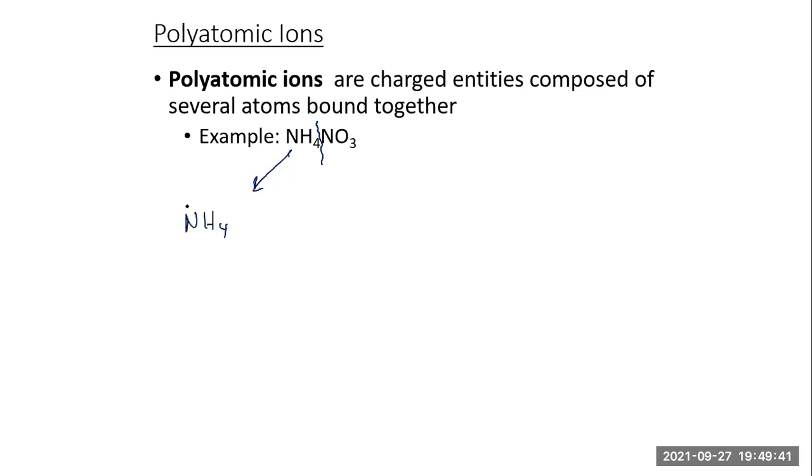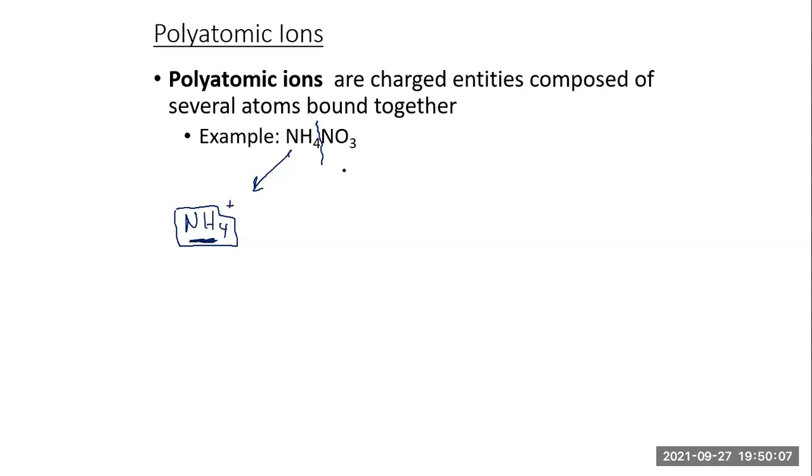NH4 plus, that 1 nitrogen and 4 hydrogens, all stay together because they're basically sharing electrons. Those are nonmetals, they're covalently bonded together, but the overall unit does have a +1 charge. So we would never break apart the nitrogen and the 4 hydrogens from each other. If this thing moves, it moves as a whole unit, everybody together.